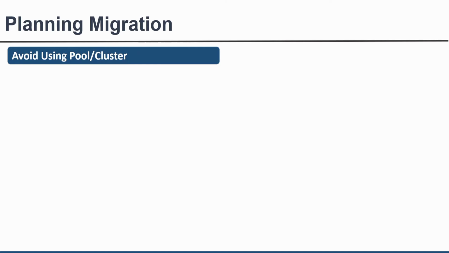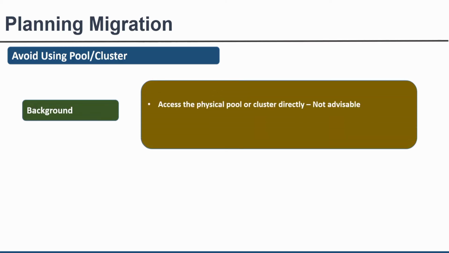Here you can see some details on why it is recommended to avoid using pool or cluster tables in HANA database. Here is the background. It is not advisable to access the physical pool or cluster directly. The logical table is transformed to a transparent table after depooling or declustering, which may lead to absolute errors when accessed. The reference of the physical pool or cluster continues to exist, but with empty content.